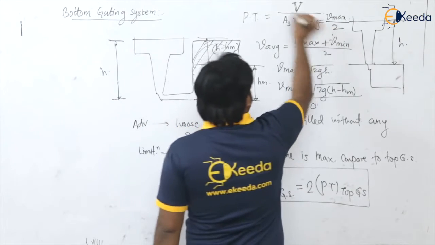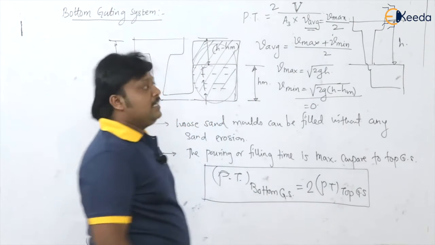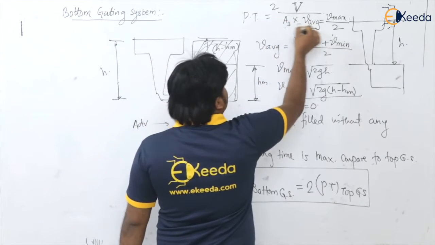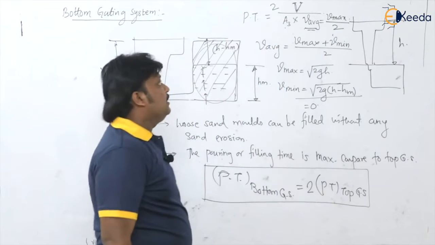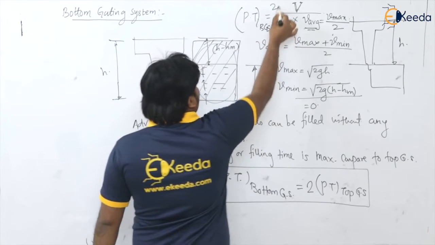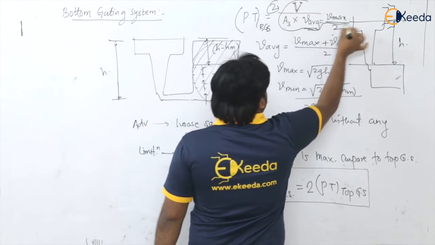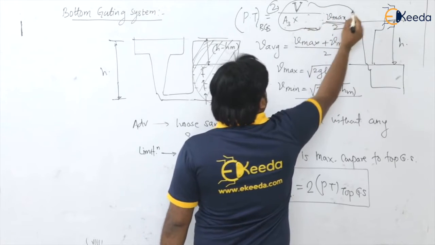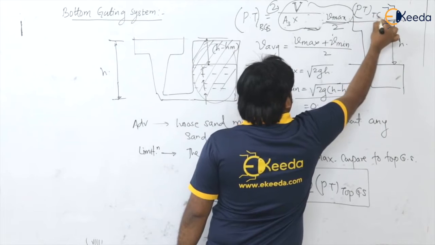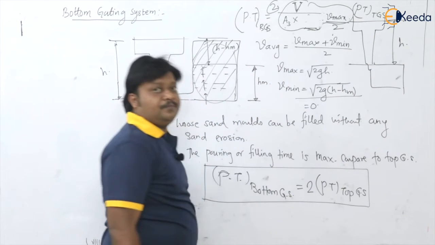This 2 will come here, and for the top gating system, it is V divided by A3 into V max, isn't it? So definitely the pouring time for the bottom gating system will be equal to 2 times the pouring time for the top gating system, isn't it?